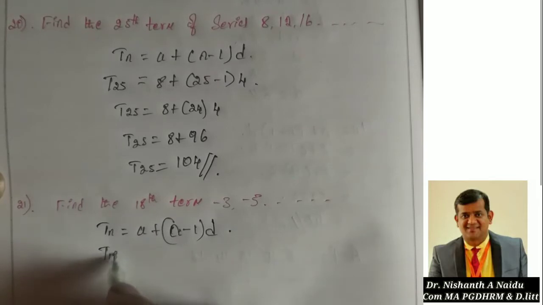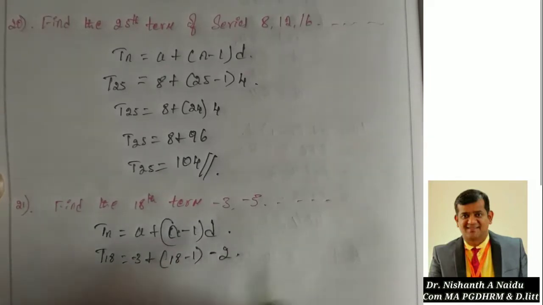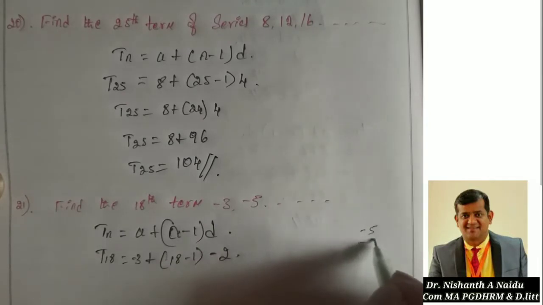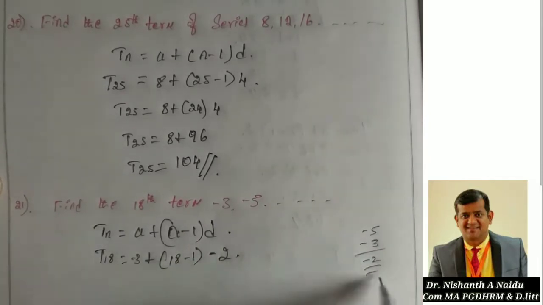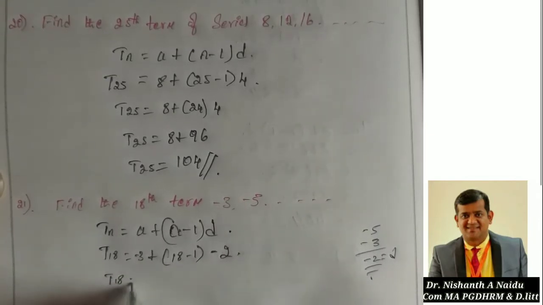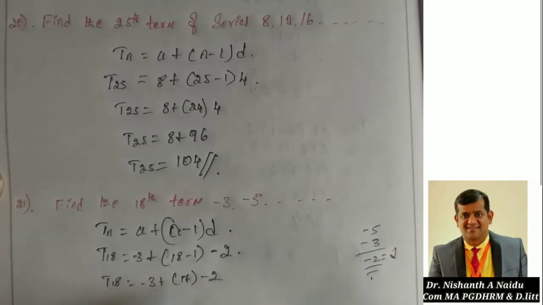So T18 equals minus 3 plus 18 minus 1 into minus 2, because minus 5 minus minus 3 gives minus 2. So that is the common difference, D. So T18 equals minus 3 plus 17 into minus 2.